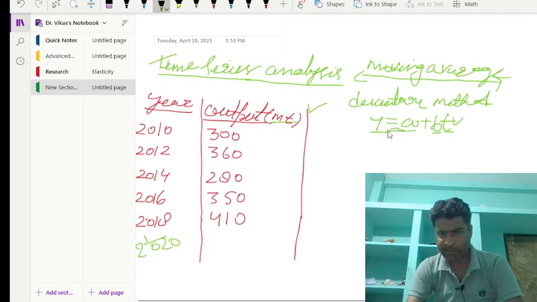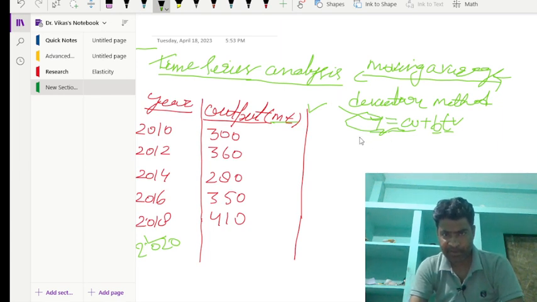This is the standard deviation method formula for calculating the time series analysis.